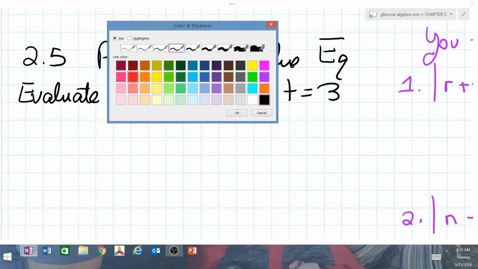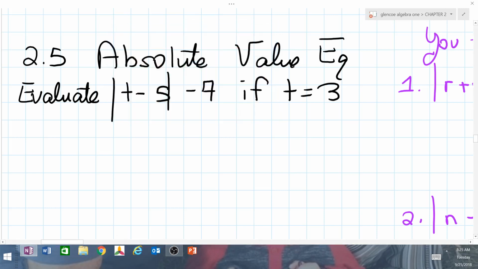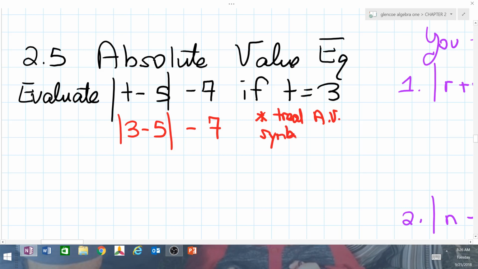So the first thing we're going to do is substitute the value of 3 in for t. So I'm going to write this as the absolute value of 3 minus 5, minus 7. Please remember, we treat the absolute value symbol like parentheses.